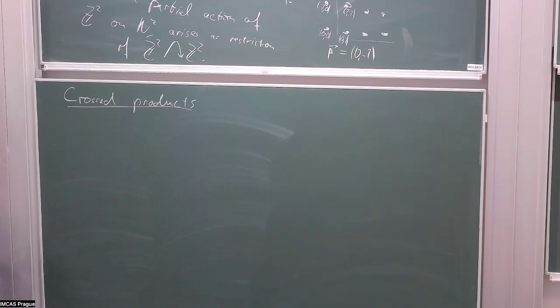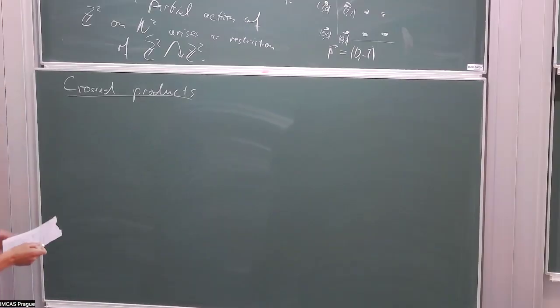Okay, what's a cross product of a partial action? And by cross product, I mean cross product C-star algebra. So we're talking about C-star algebras.